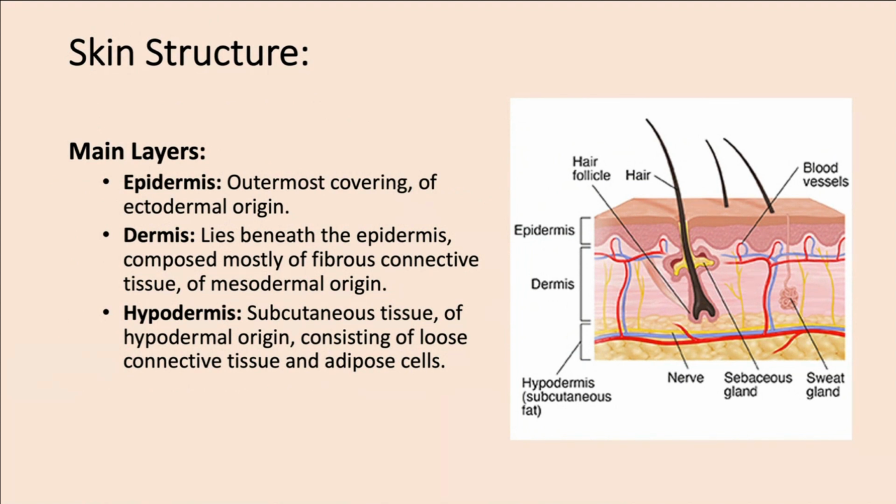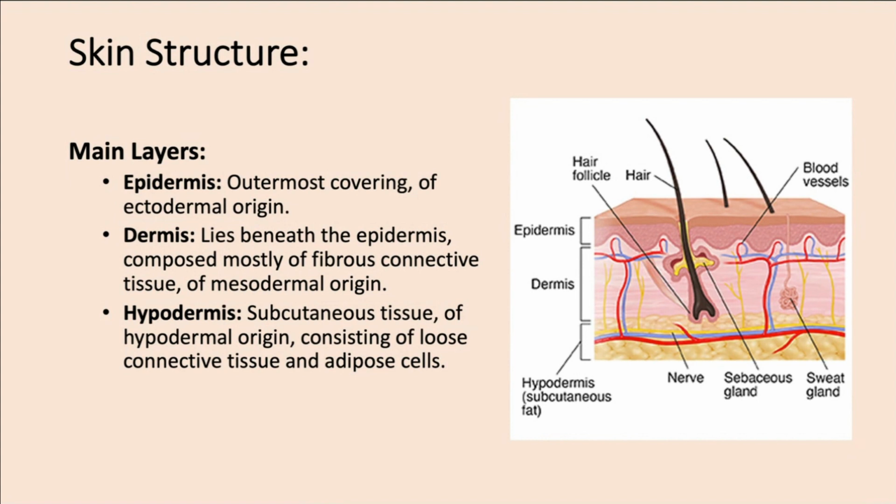Now, these three layers are different in their function and in what's basically inside of them. The epidermis comes from the ectodermal, which is the outermost germ layer. And then the dermis comes from the mesodermal area, which is the middle germ layer.